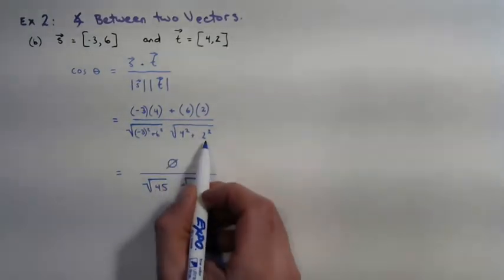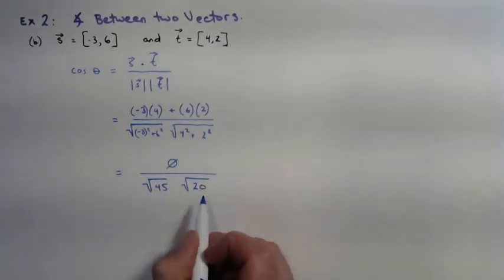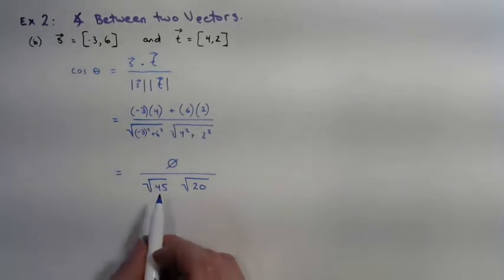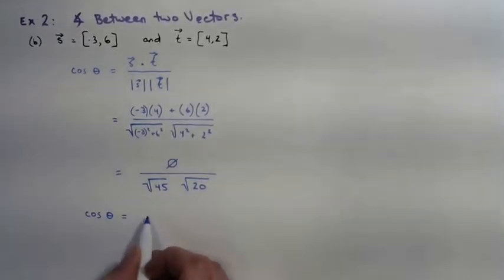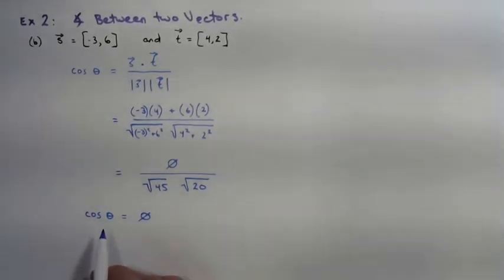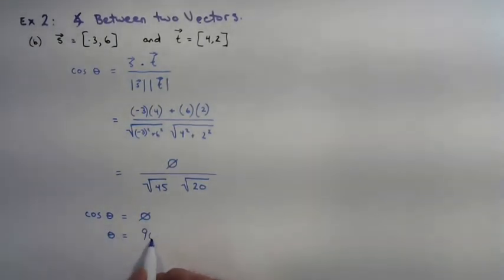And 16 plus 4, that's 20. All right, well, this tells me that the cosine of theta equals 0. Well, if we end up with the cosine of theta equaling 0, then that tells us that theta must be 90 degrees.